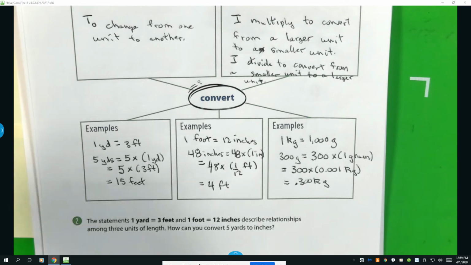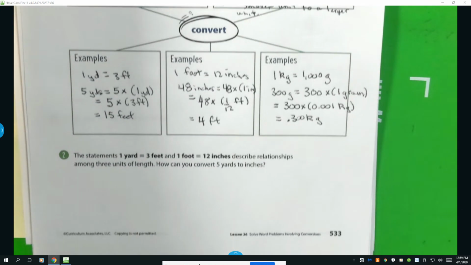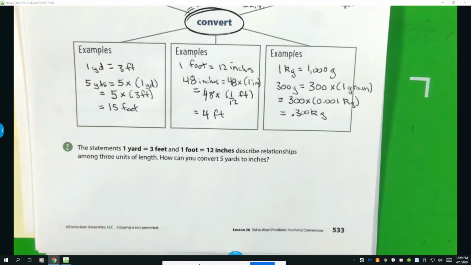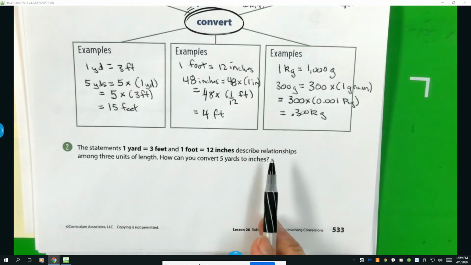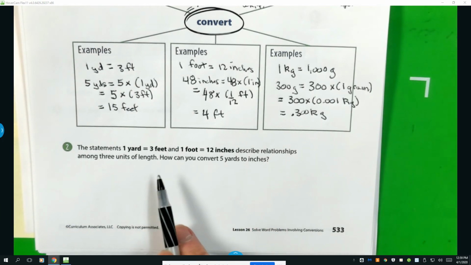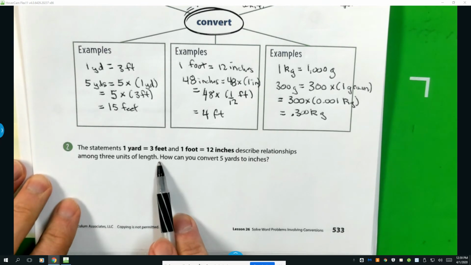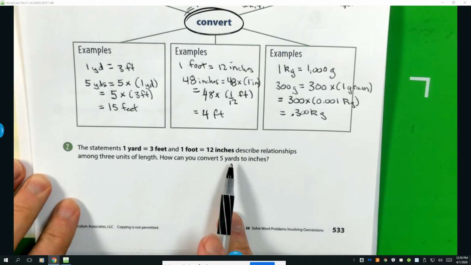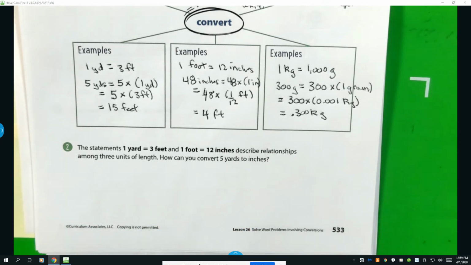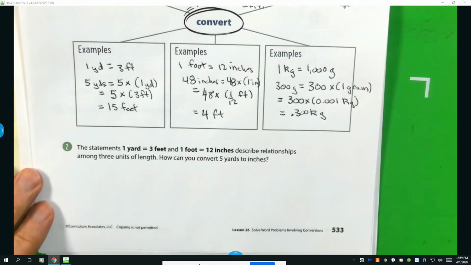All right. The statements 1 yard equals 3 feet and 1 foot equals 12 inches describe the relationships among 3 units of length. How can you convert 5 yards to inches? Great question, actually. So 5 yards to inches.